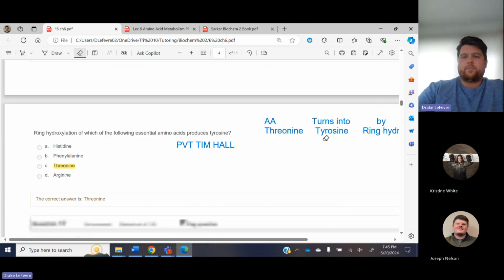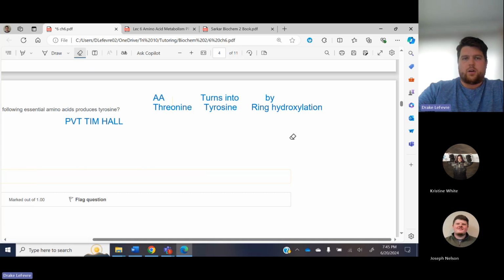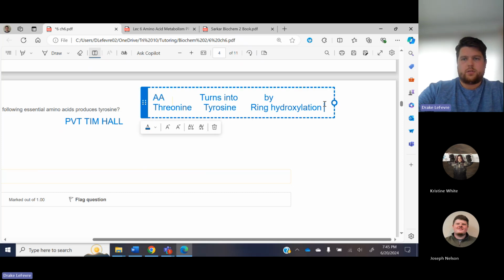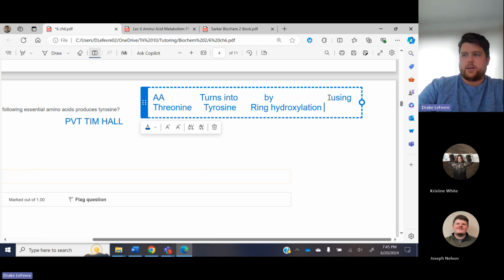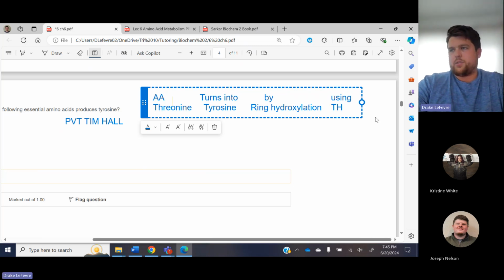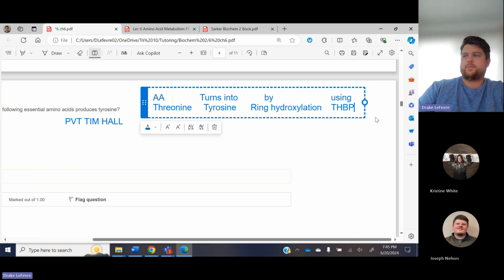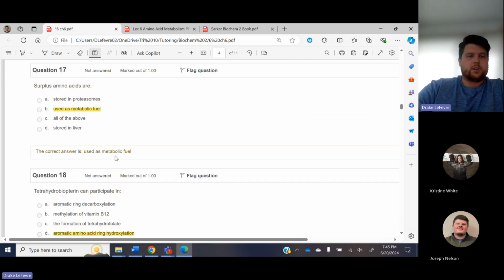That could be another column to add onto our chart, by using what is called tetrahydrobiopterin. That's another thing that you can add onto a beautiful growing chart.